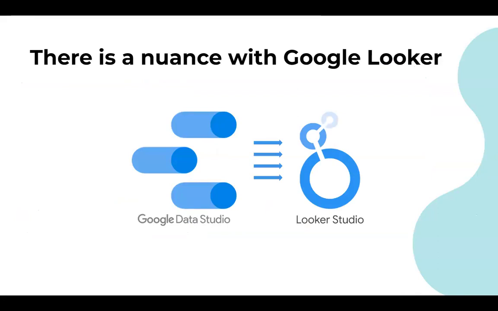So Looker Studio also was known as Google Data Studio long, long ago in a galaxy far, far away. They changed it, they revamped it so that it made it easier for people to use and integrate data from various sources.